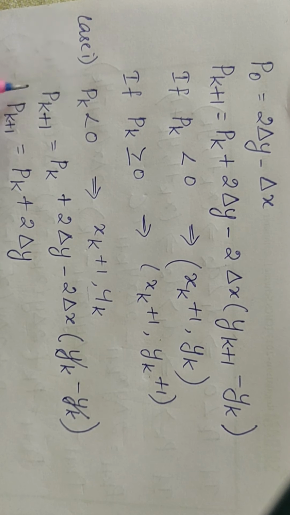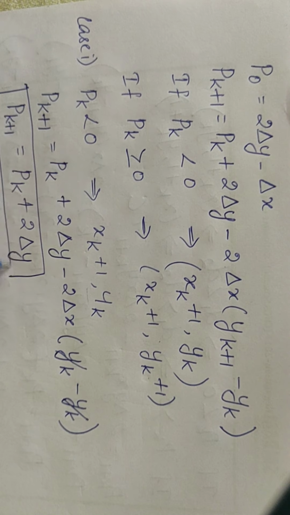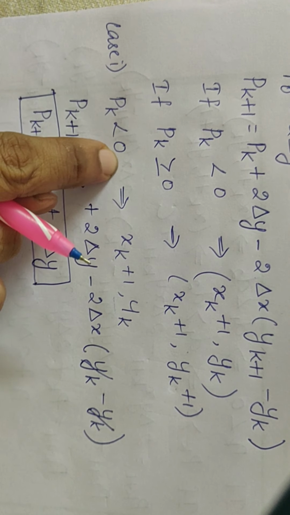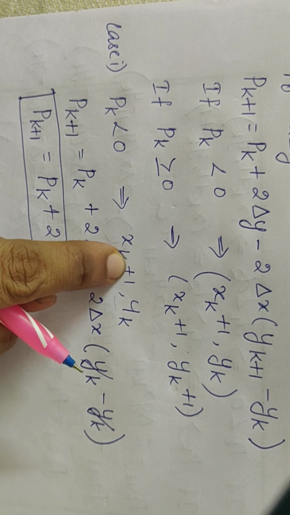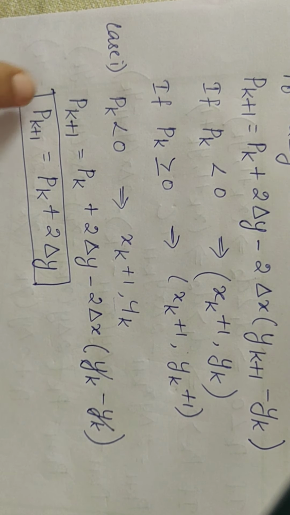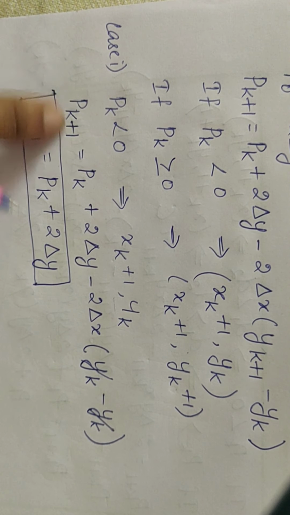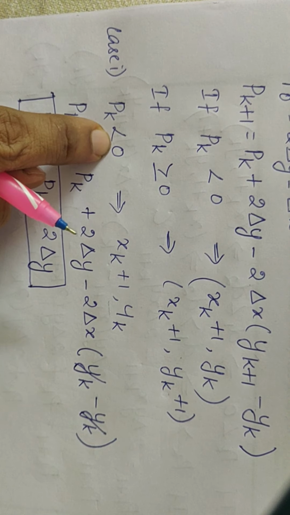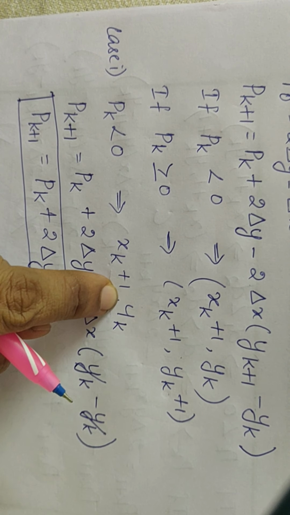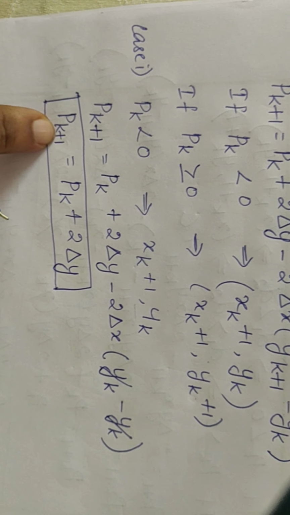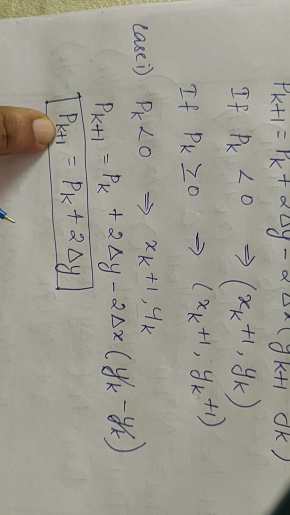If pk is less than 0, this is the coordinate, and this is the decision parameter for the next pixel.